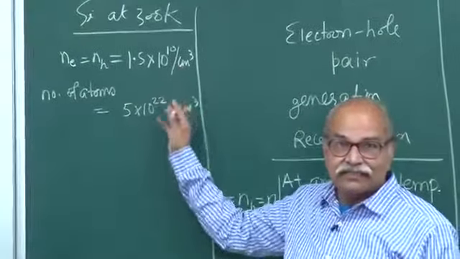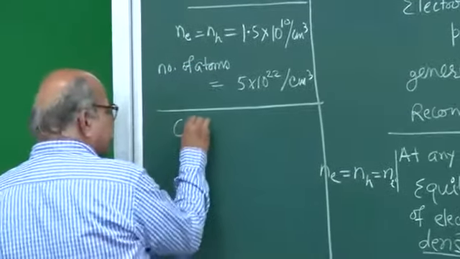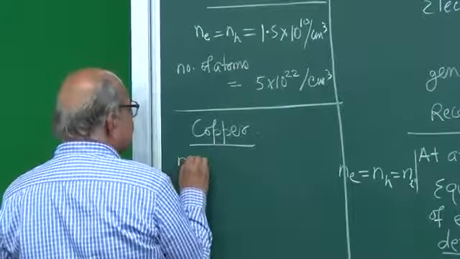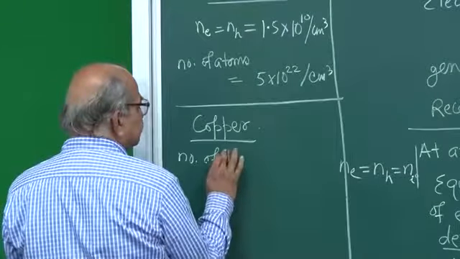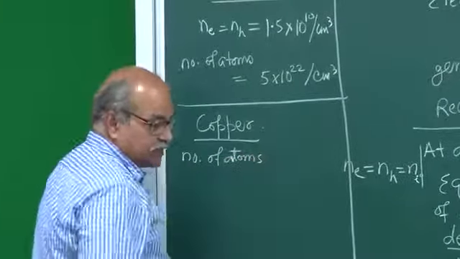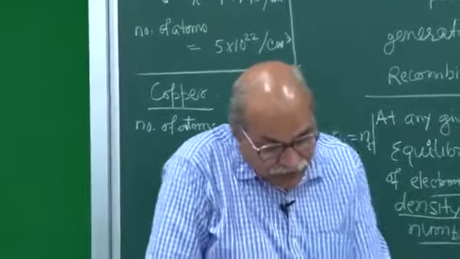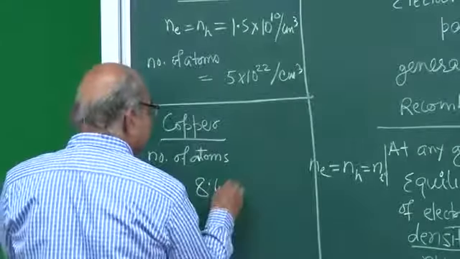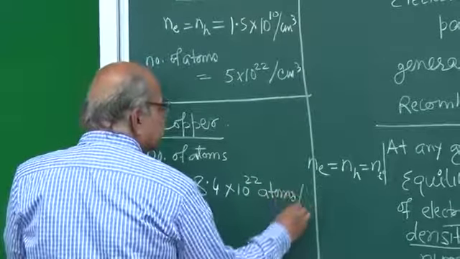But if you compare with a good conductor, let us say copper, the number density of atoms is 8.47 into 10 to the power 22 atoms per centimeter cube.